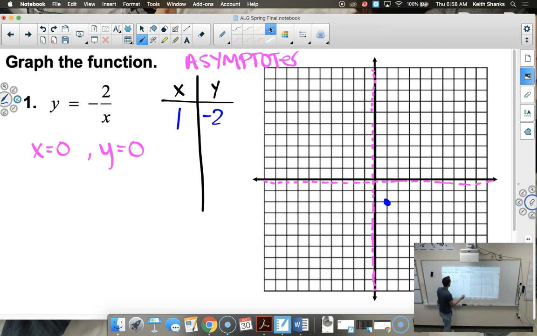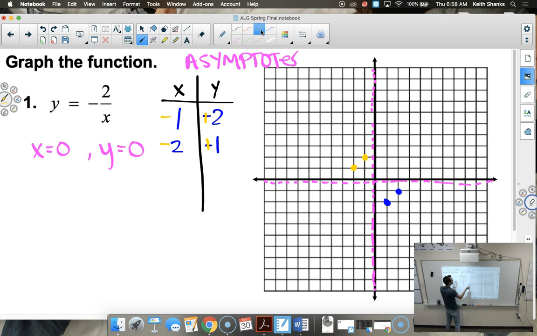If I plug in 2, I get -1. Again, these same values are going to be on the opposite side. So really quickly, if I plugged in -1, I would get +2. And if I plugged in -2, I would get +1. So everything that happens on the right side is going to happen on the left.